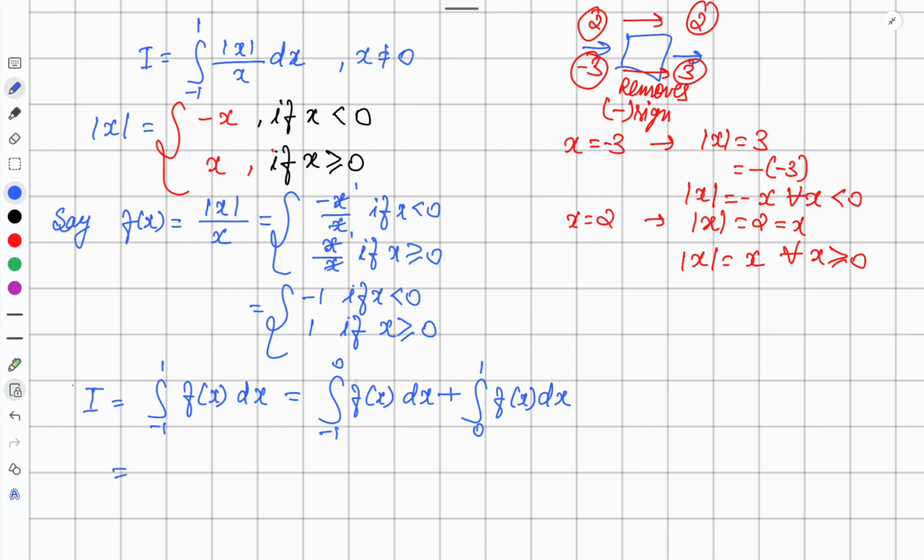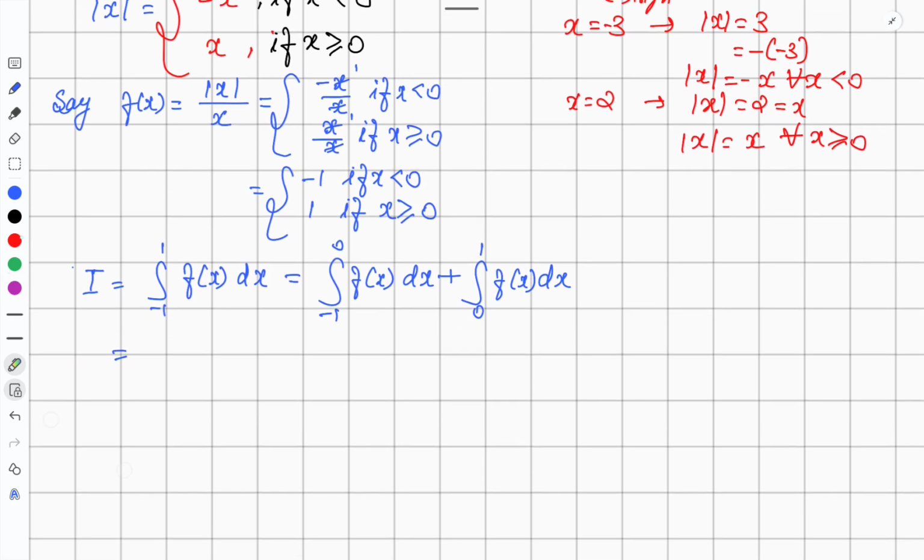So if you look at minus 1 to 0, which value will apply? Because it is less than 0, the value minus 1 will apply. So this will be equal to the integral from minus 1 to 0 of minus 1 dx plus the integral from 0 to 1. Since 0 to 1 is greater than 0, 1 would apply, 1 into dx.